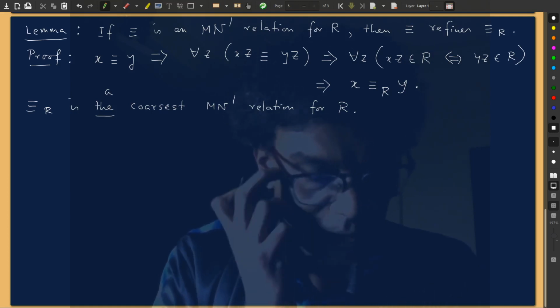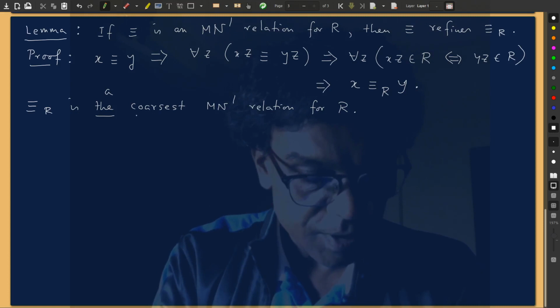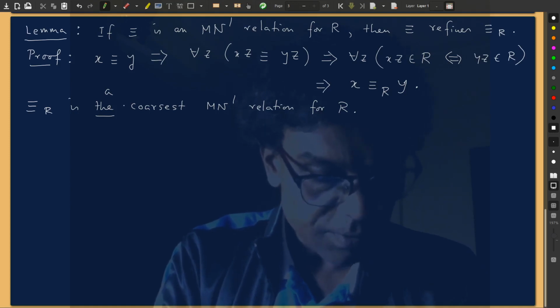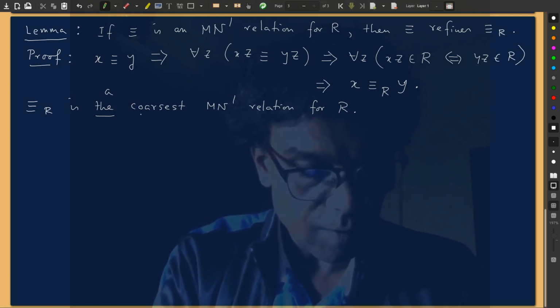The smaller the number of equivalence classes, the coarser the equivalence relation is, and the larger the number of equivalence classes we have, the finer the relation is.